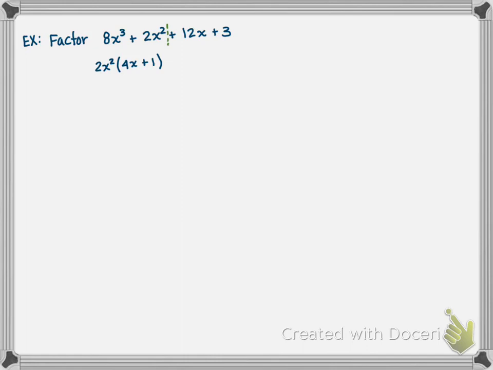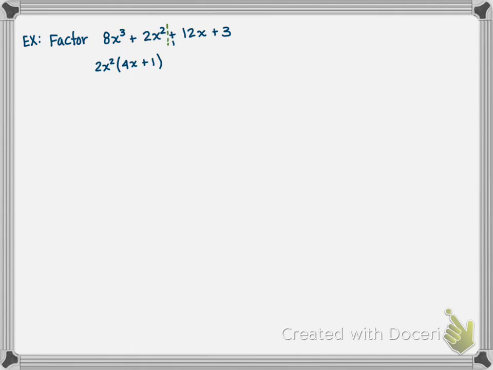To get 8x to the third, you would have to multiply 2x squared by 4x, which gets me this 4x right here. To get 2x squared, you would have to multiply 2x squared by 1. That 1 serves as a placeholder for us, because if it wasn't there, multiplying those two things does not give you 8x to the third plus 2x squared. We have to have that 1 there.